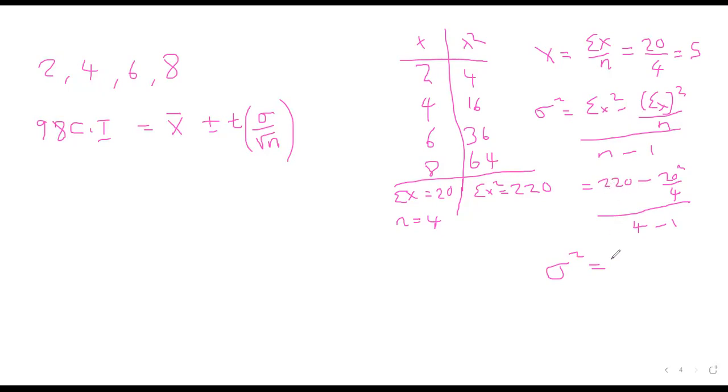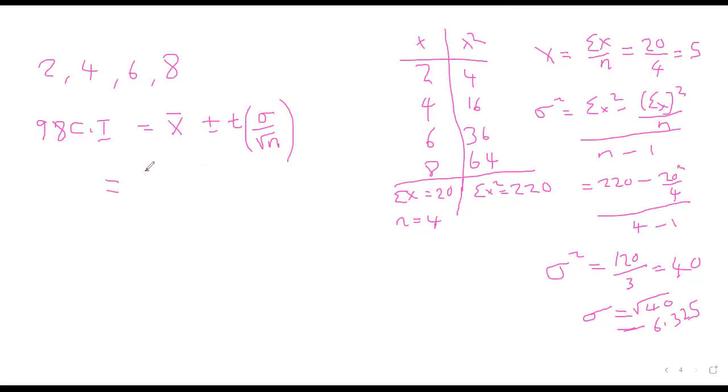So 120 minus 100 is 20. 120 divided by 3 is 40. So the standard deviation is the square root of 40. What is the square root of 40? Six point what? 6.325.